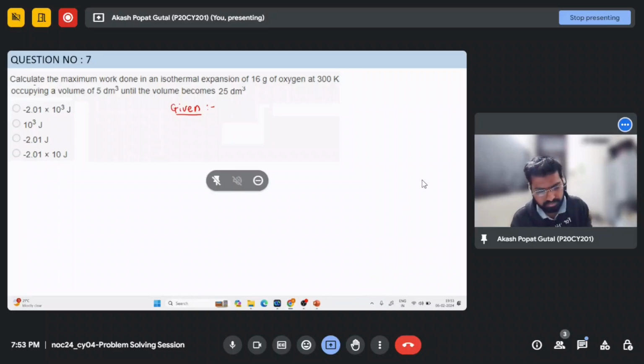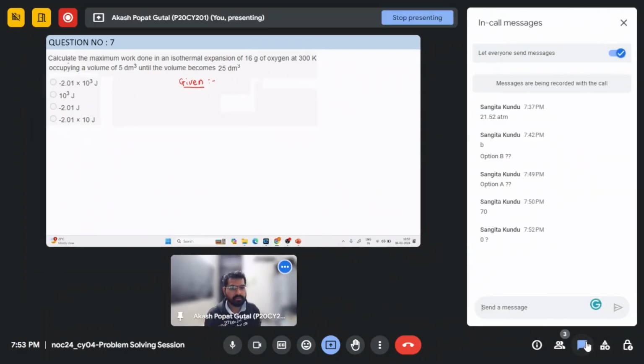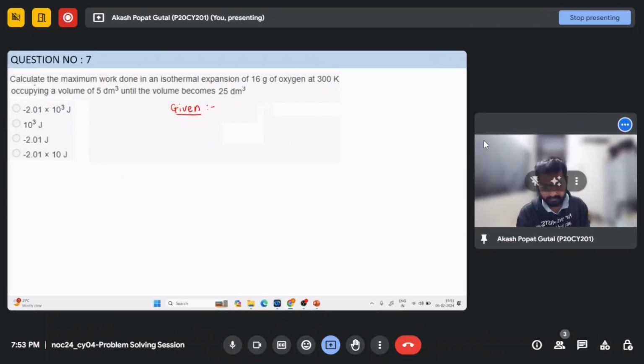Given things are the mass of oxygen is given, 16 gram, and temperature is 300 Kelvin.